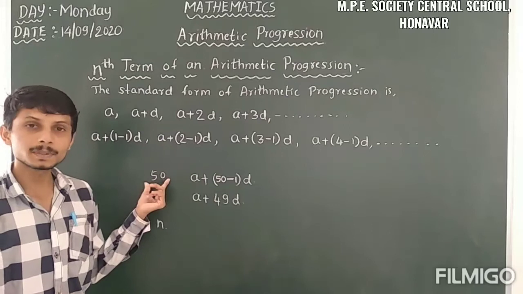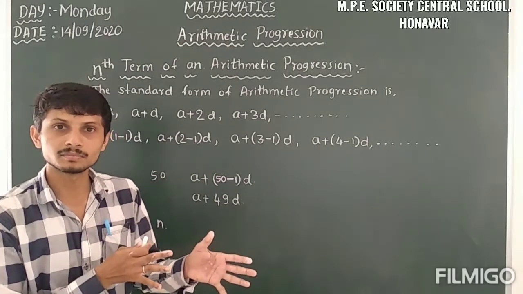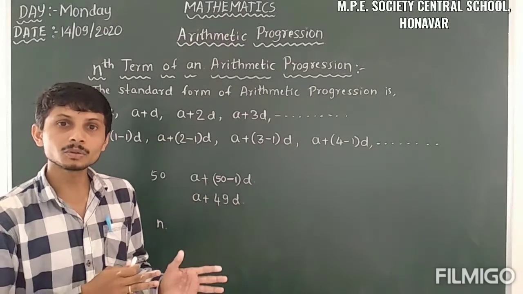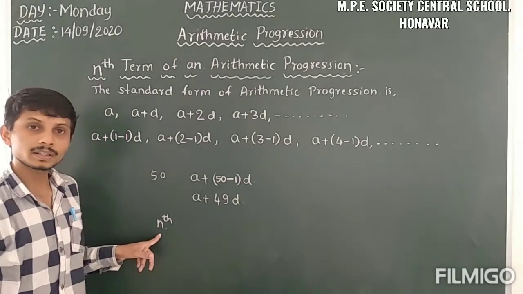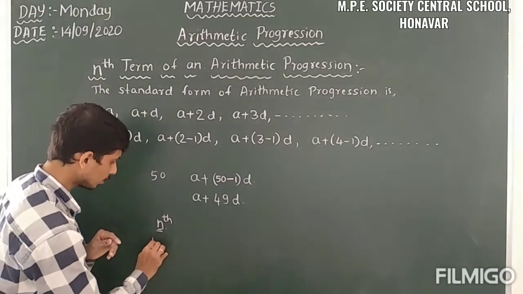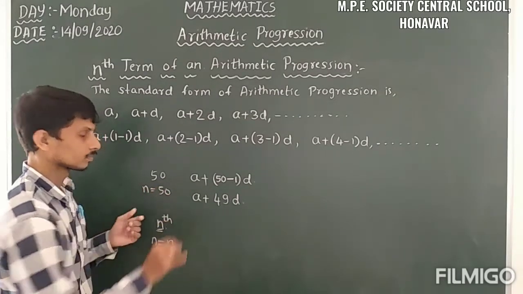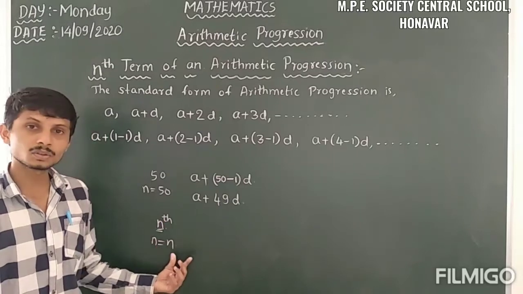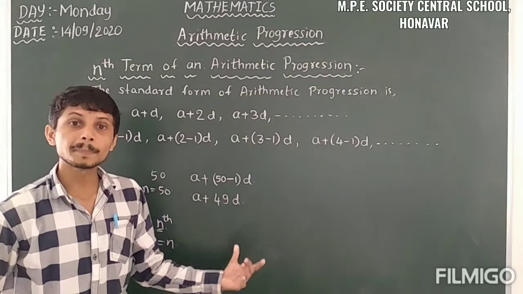Here it is the 50th term, but when there is no mention of the term, we take the nth term. Here the value of n is n only. Here the value of n is 50. So the value of n is n only, and we have to insert it in the bracket.